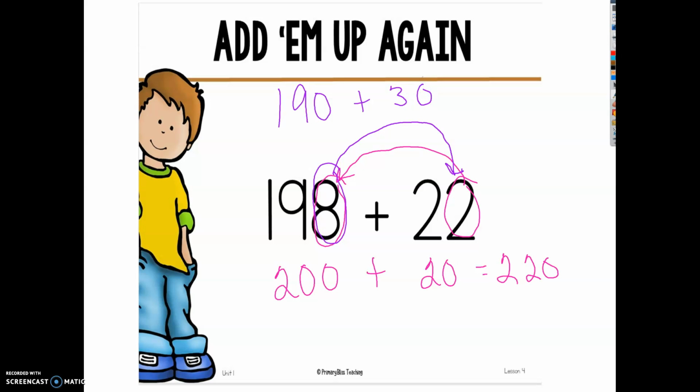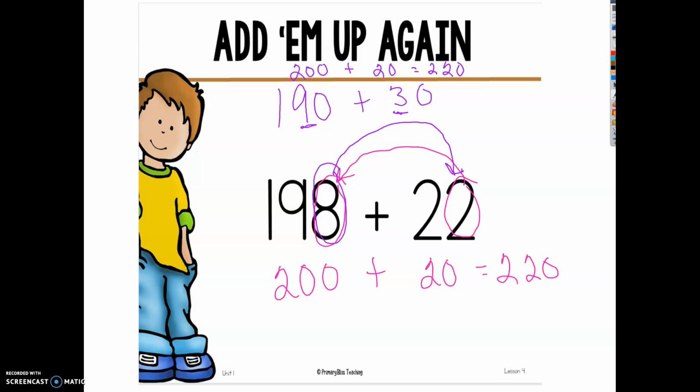Well, but when I look at 190 plus 30, I really don't know if I can add that together in my head very well. But I know if I take a 10 away from here and put it over here, I would have 200. And that would leave me 20. And I would have 220.